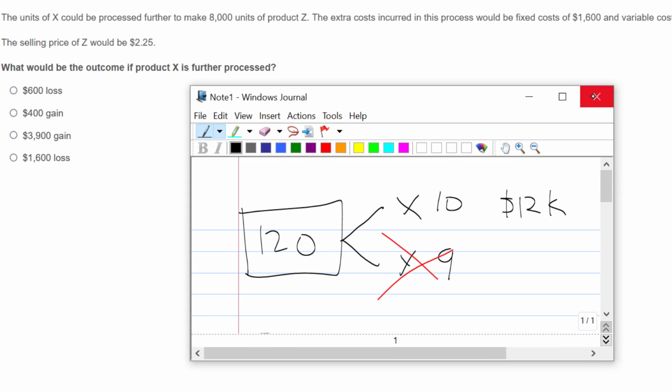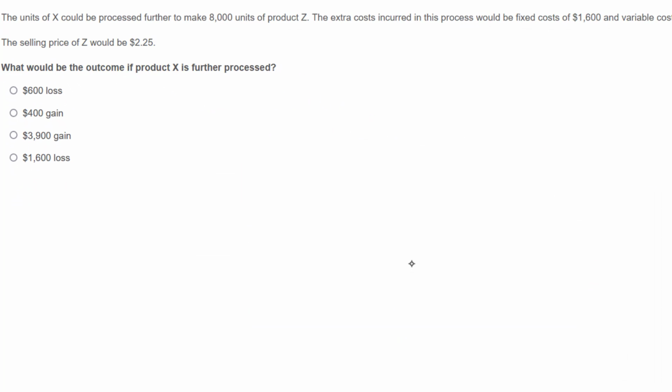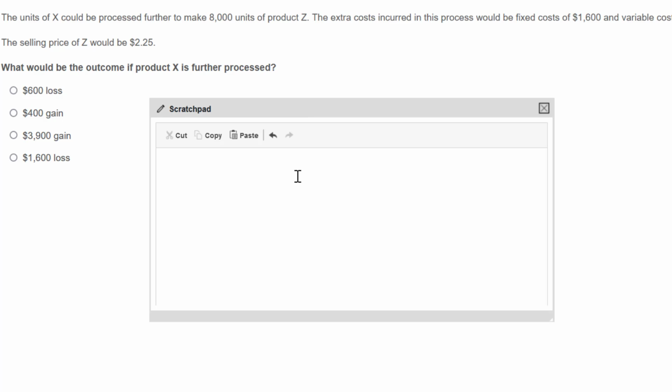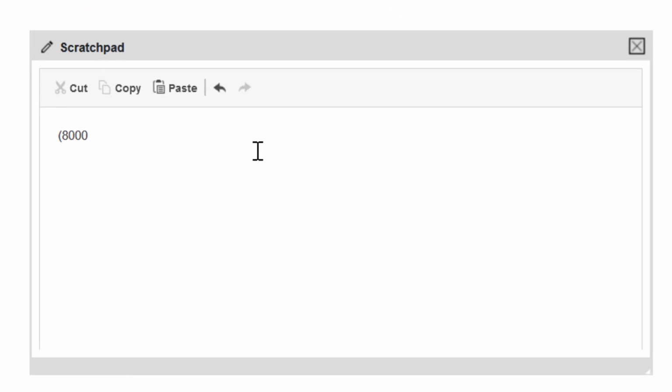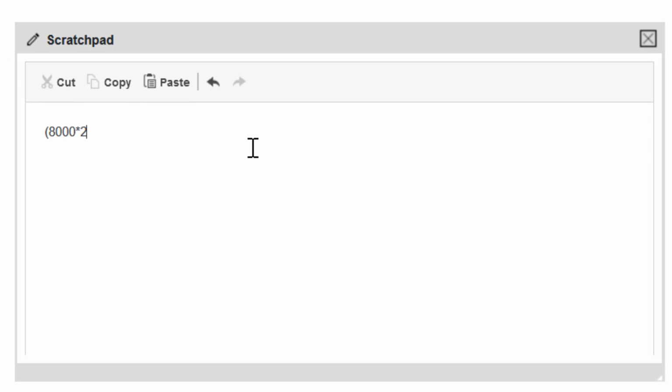Now that I see what's going on, I can open up my scratch pad and lay this out. If we further process, we will earn revenue of 8,000 multiplied by 2.25.